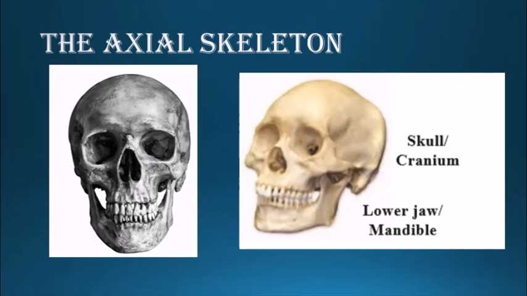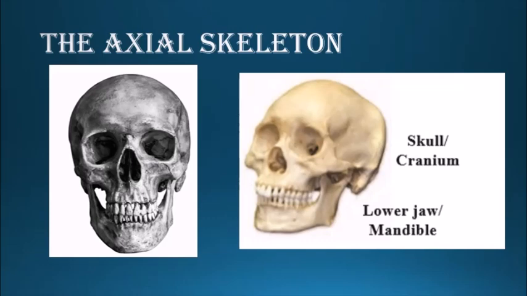So now the skull is formed of two types of bones. That is the bones of our head and the bones of our face. So all the head bones and all the face bones together form the skull. Now there are 22 bones in our skull.